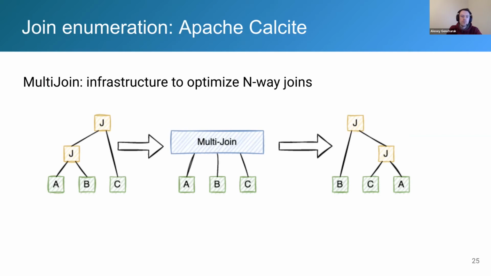Then we can execute an arbitrary algorithm that orders these relations. Finally, this rule produces an alternative join tree that can be further used in subsequent optimizations.